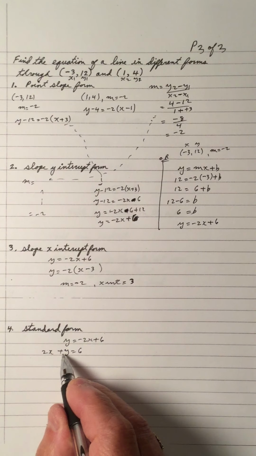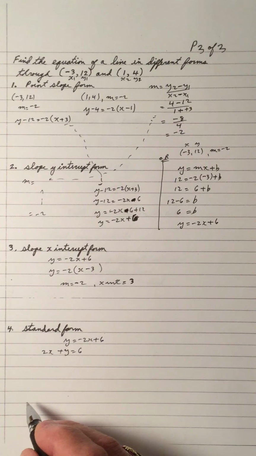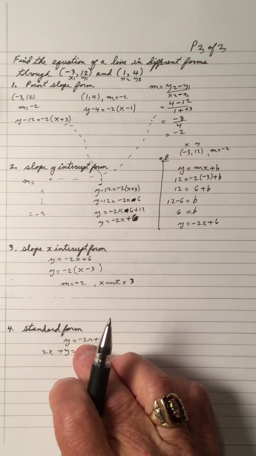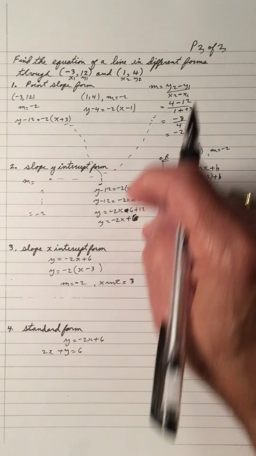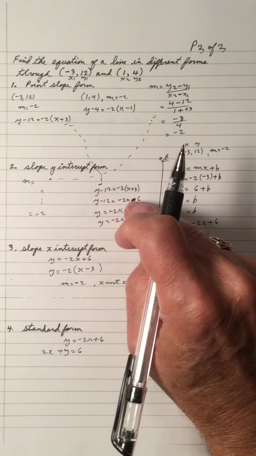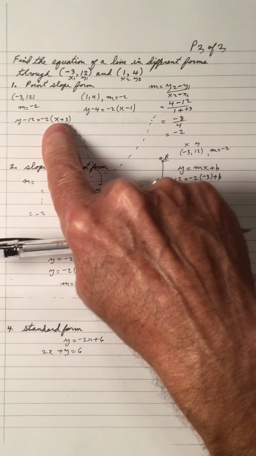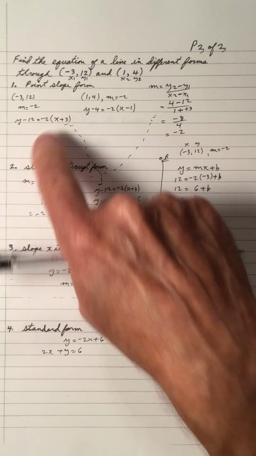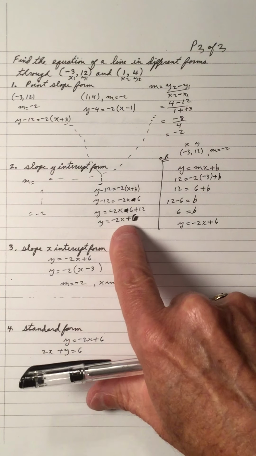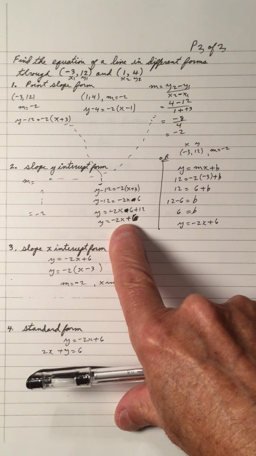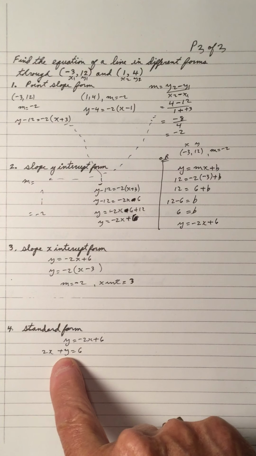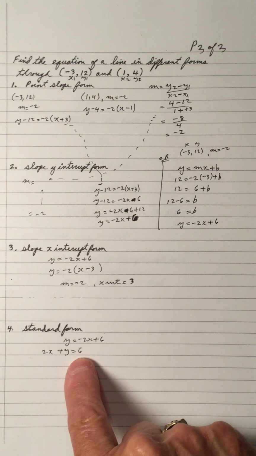A is 2, b is 1, c is 6. Standard form. So to get the standard form, you can work it out from here, solving this, working this out here, and moving it, you will get this. Taking it from the slope-intercept form and solving it, working out by ax plus by equals c.